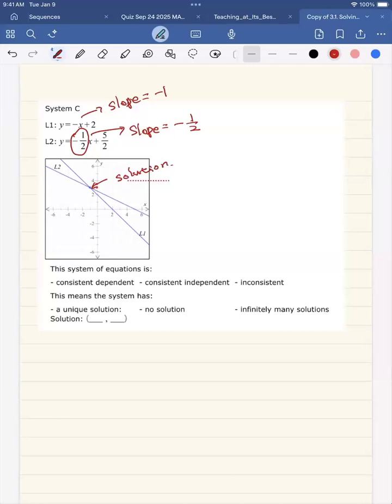In that case, we say the system of equations is consistent and independent. And there is a unique solution because they meet at one point, and that is (-1, 3).